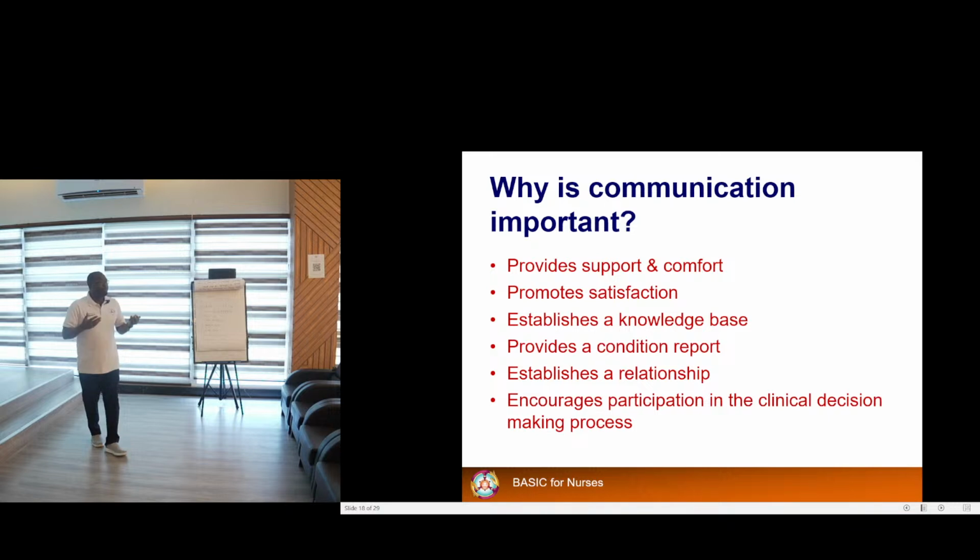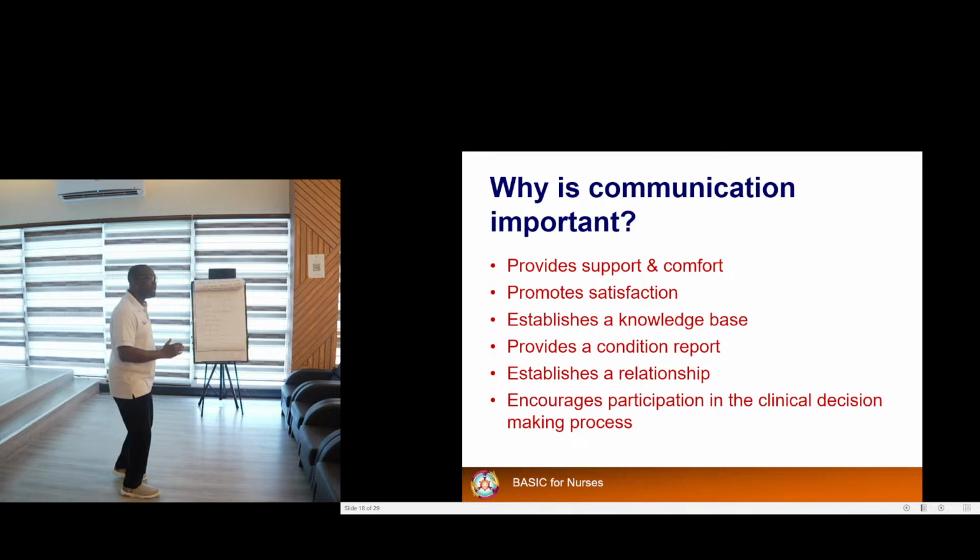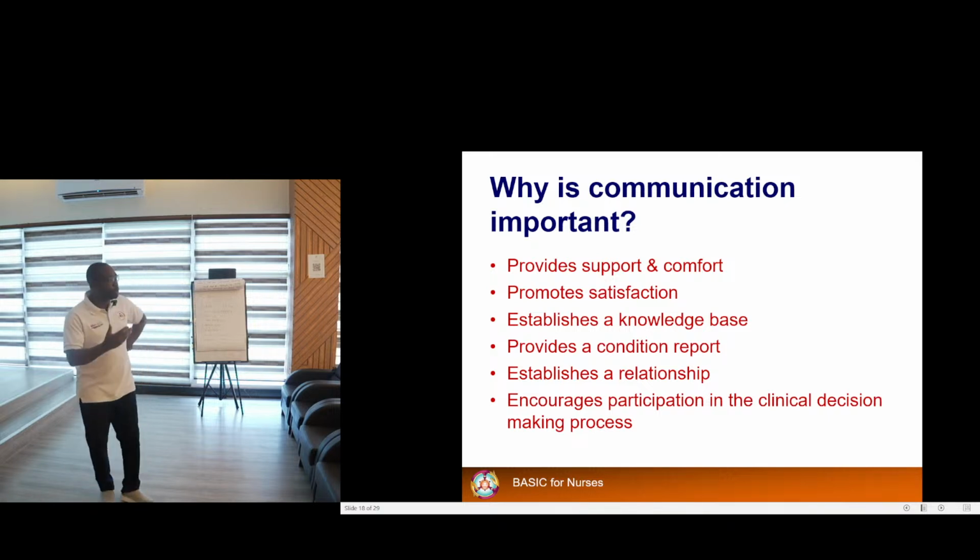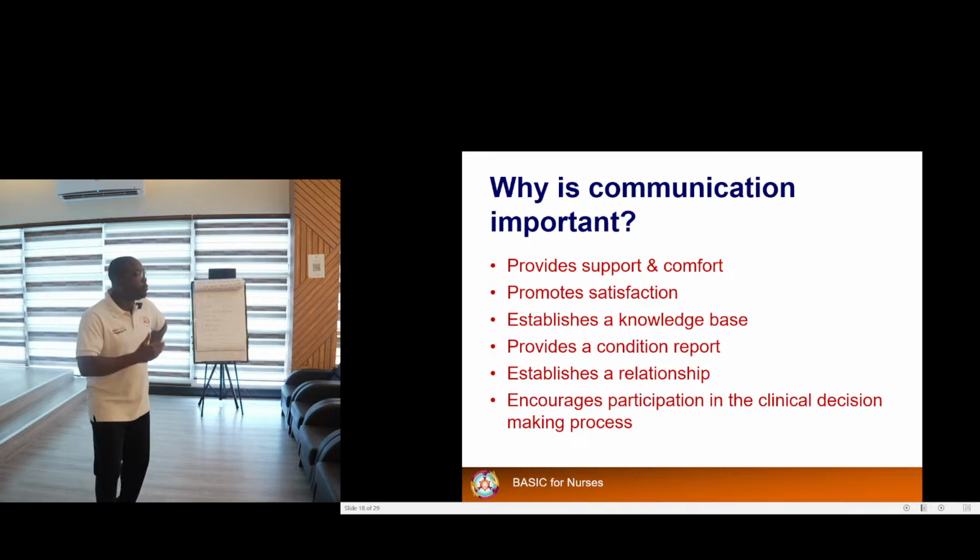If the family doesn't know, if the patient doesn't know, and you just say we need to have a surgery, they will ask why. But if you have communicated: based on the abdominal pain you're having, we have done this and that, and it looks like you may have appendicitis. Acute appendicitis can be treated with medication early, but at some stage, depending on clinical deterioration or changes, we may wish to do a surgery.